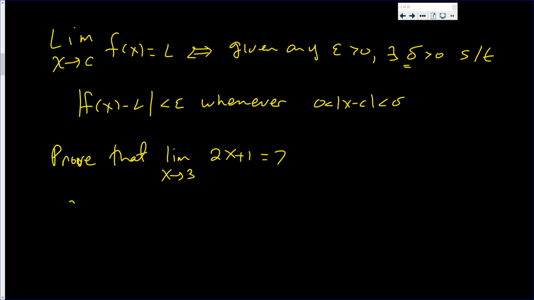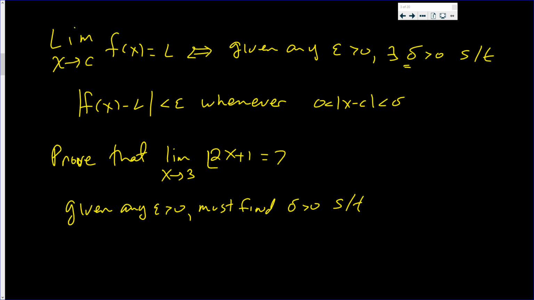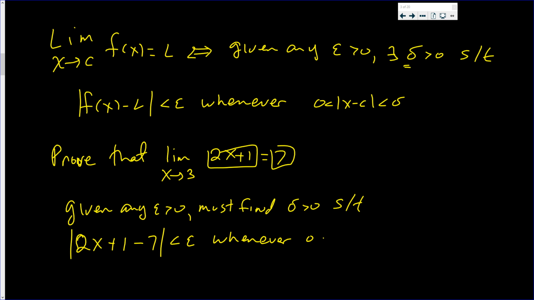Okay, so given any epsilon greater than 0, we must find delta greater than 0 such that the difference between the function and L, such that the absolute value of 2x plus 1 minus L, f of x minus L, is less than epsilon whenever 0 is less than the absolute value of x minus c.